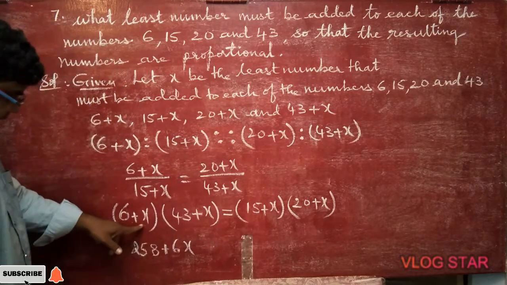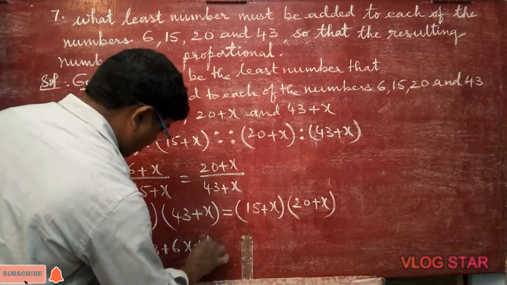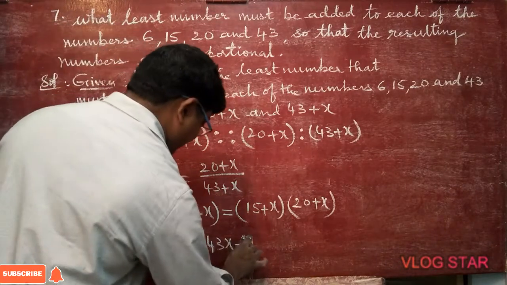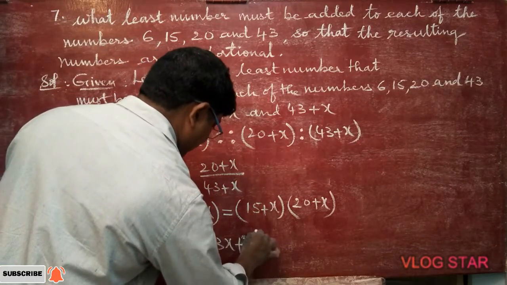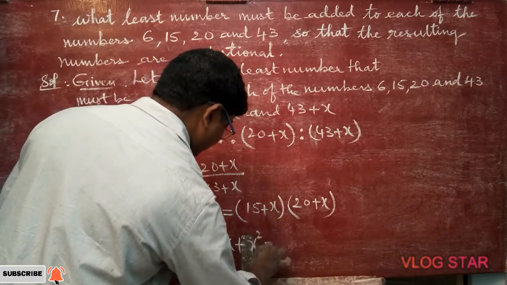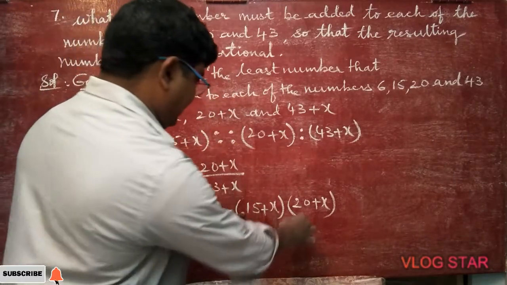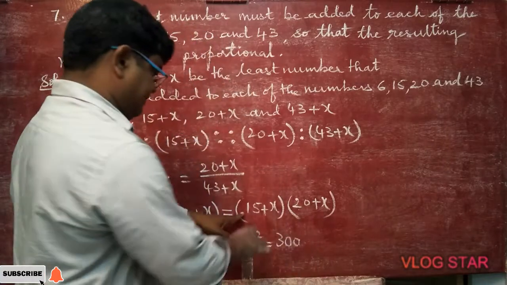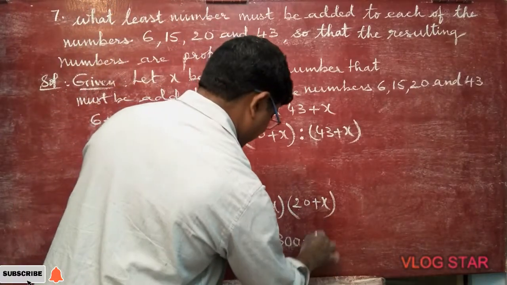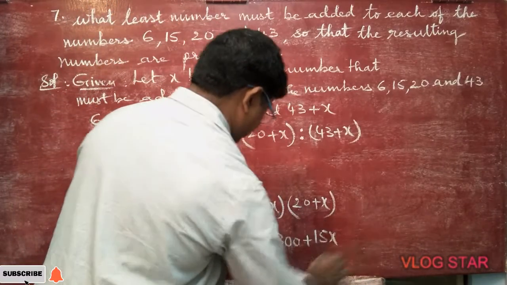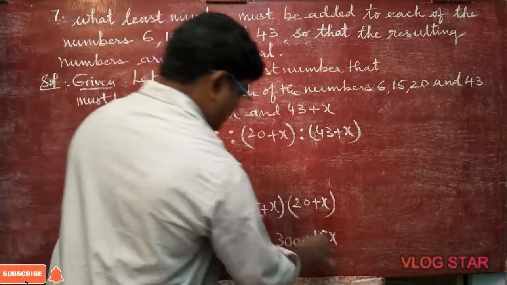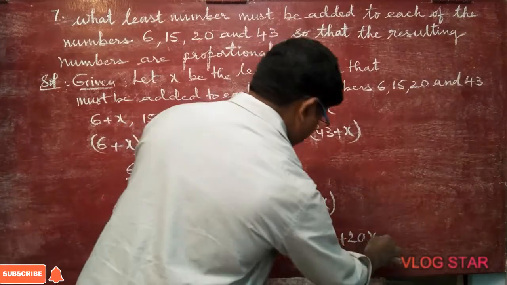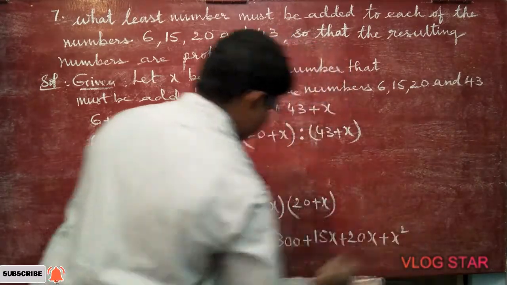Now with x, 43x plus x square is equal to 15 20s are 300, plus 15x. Now with x, plus 20x plus x square.